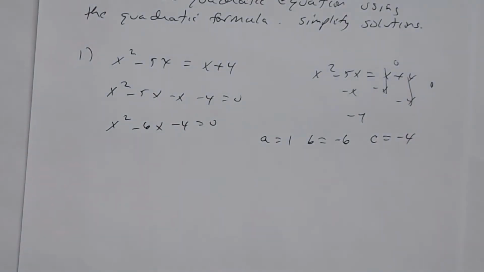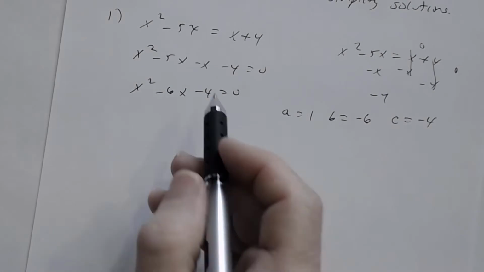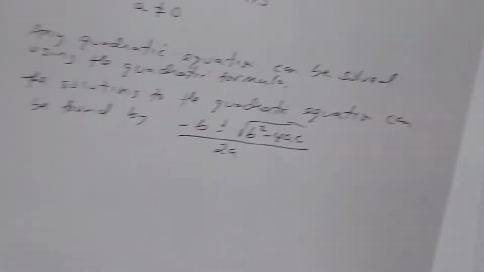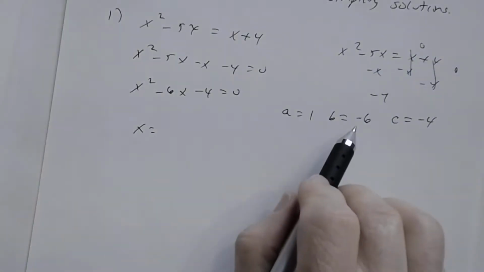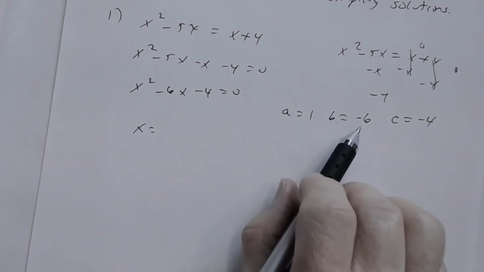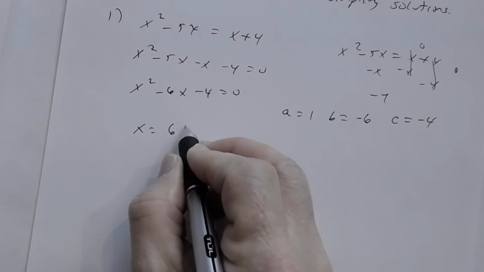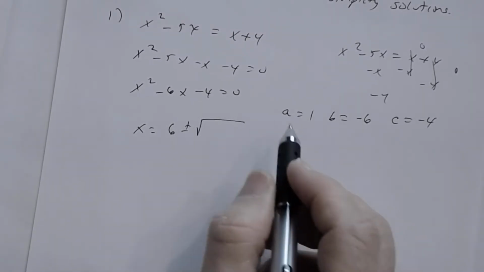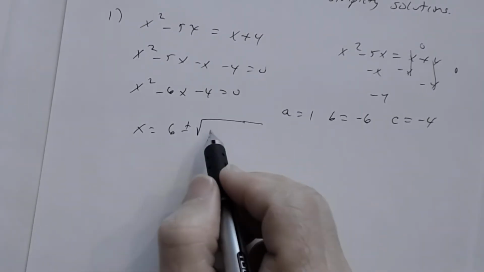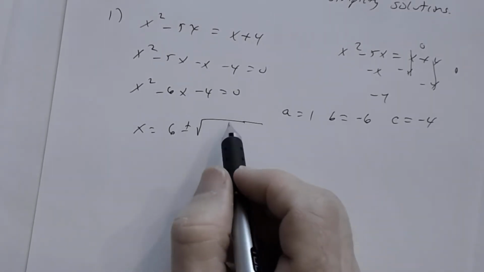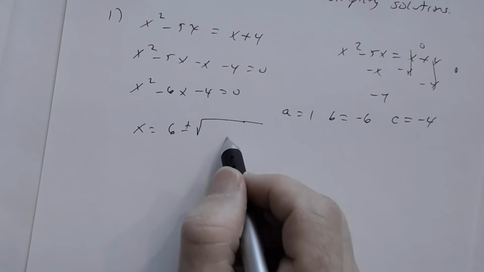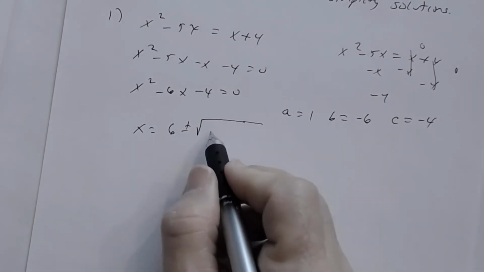And so now you're going to substitute into the formula. Your variable is x, so you're going to say x equals. And remember, it says the opposite of b. So b is a negative 6. The opposite of a negative 6 is a positive 6, plus or minus the square root of. Now remember, when you write your radicand, which is called the discriminant in the quadratic formula, put that in parentheses.